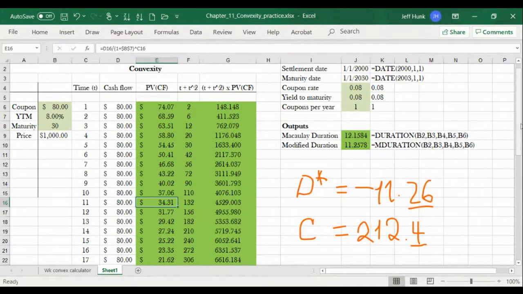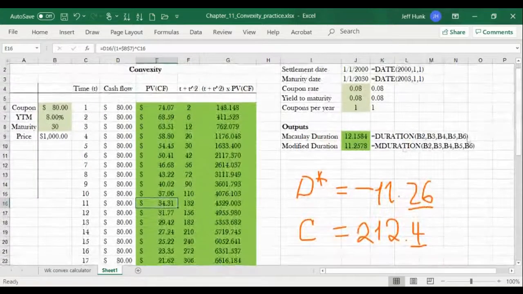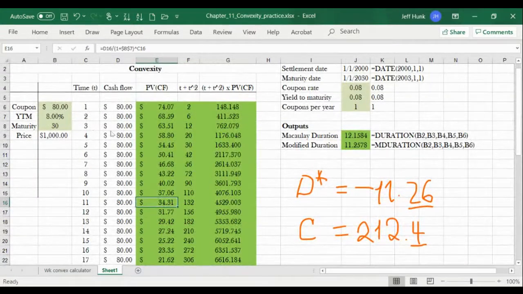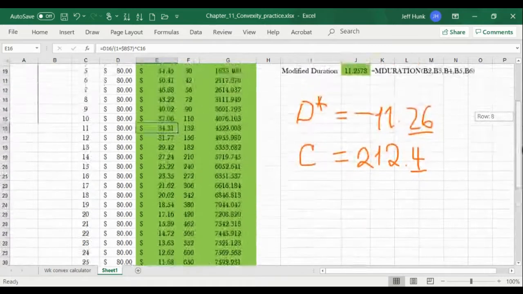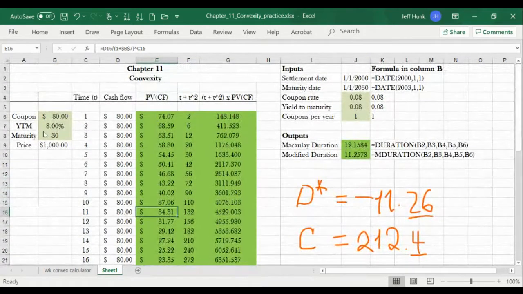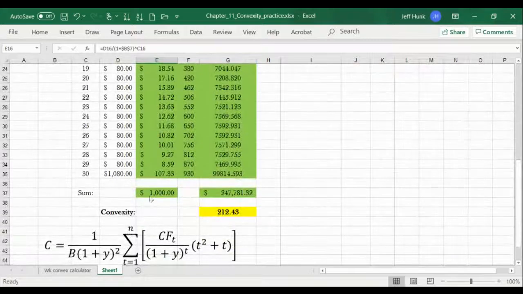So I built a 30-year table, and the process is the same. I also checked that at an 8% coupon rate and 8% yield, because the coupon is equal to the yield, it should be exactly par value.